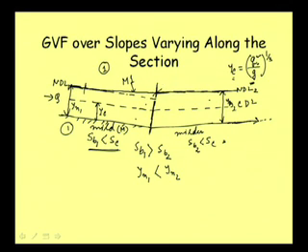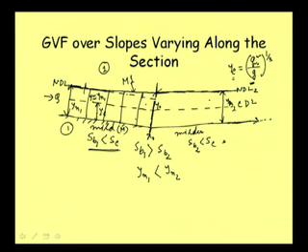So we can start with this as the control section, say y0 is known at x0, and then compute upstream to find the depth at different points. When y is almost equal to yn1, we will stop. So we get the flow profile, and this part is uniform flow.